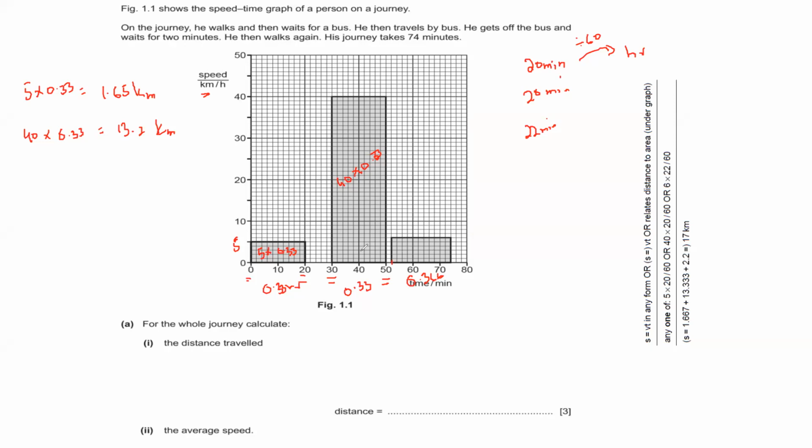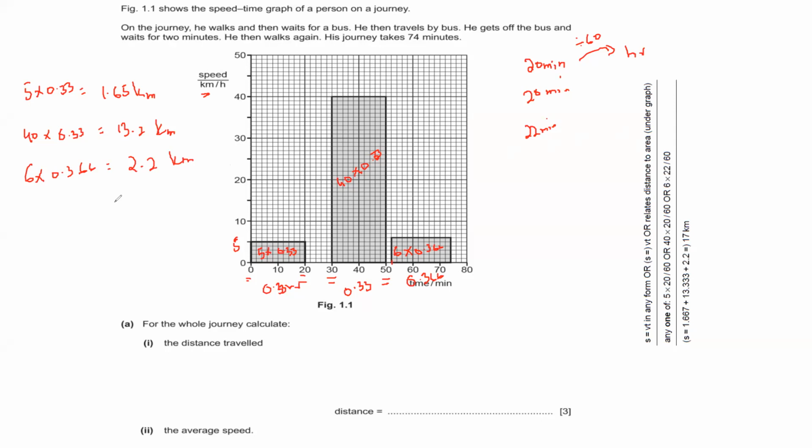And the height here, after 5, is 6. So it will be 6 multiplied by 0.366, which is equal to 2.2 kilometers.